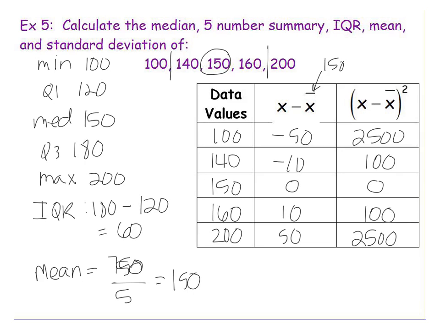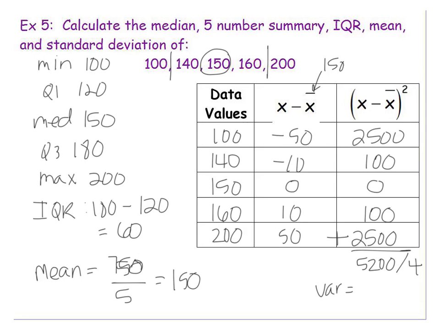All right, so now what? Well, we have to add them all up, remember? 2,500 plus 2,500 is 5,000, plus 100 and 100 makes 5,200. Now to find the variance, we have to divide that by n minus 1. N was 5. 5 minus 1 is 4.